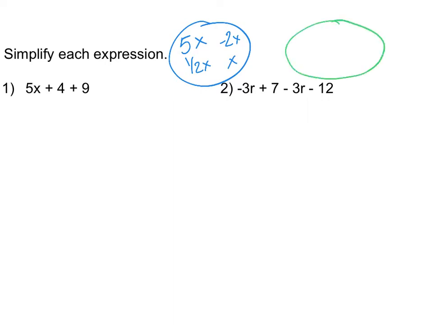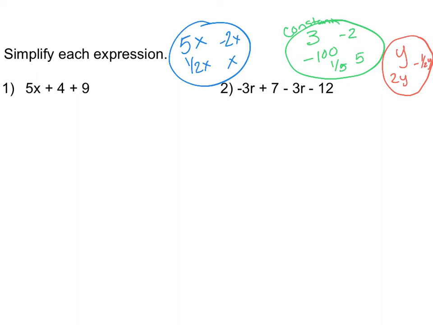A different set of like terms would be like 3, negative 2, negative 100, 5, 1/5, okay? These are all constants, and they are all like terms, okay? A different set of like terms would be, let's say, y, 2y, negative 1/2 y. These are all like terms.